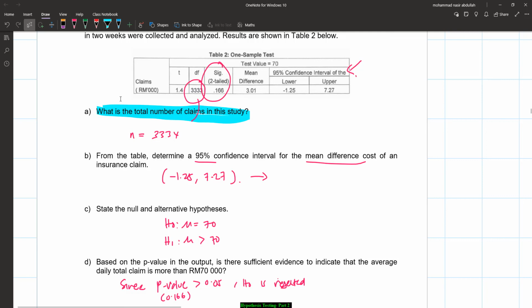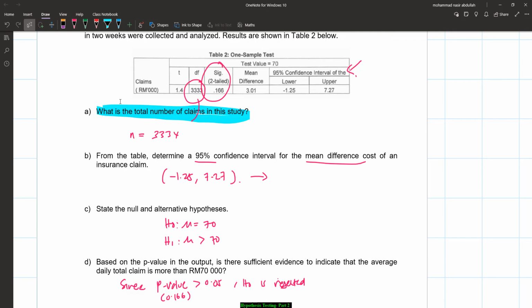So you can tulis lah. Since null hypothesis is rejected, so we can conclude that the average daily claim is more than 70,000. Or in other words, we can say that we have no enough evidence to conclude to reject null hypothesis, right?